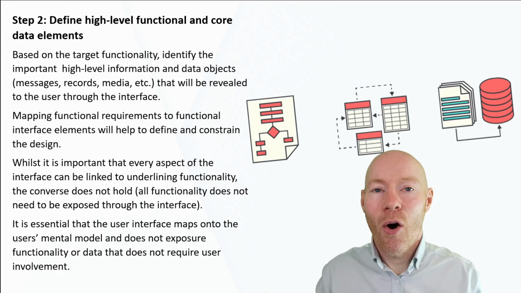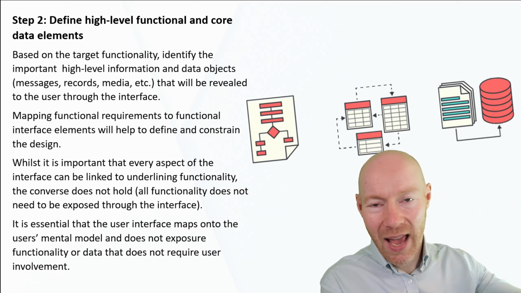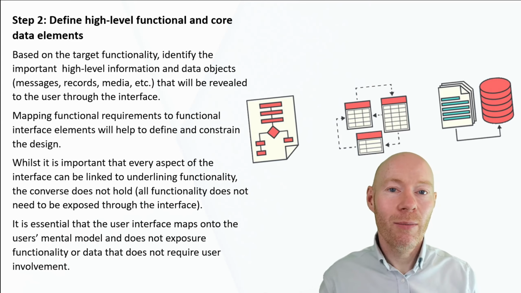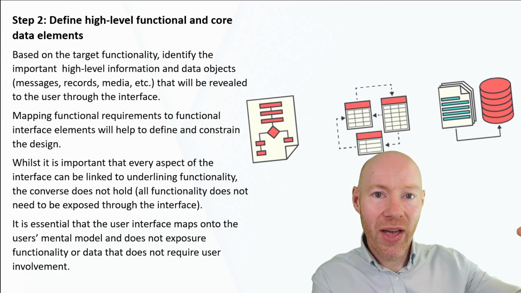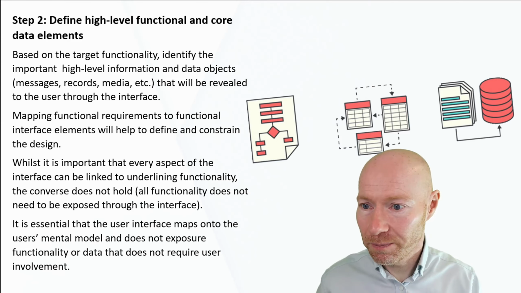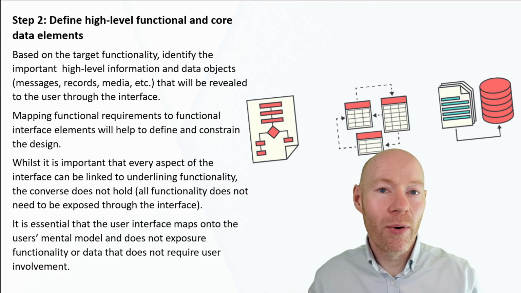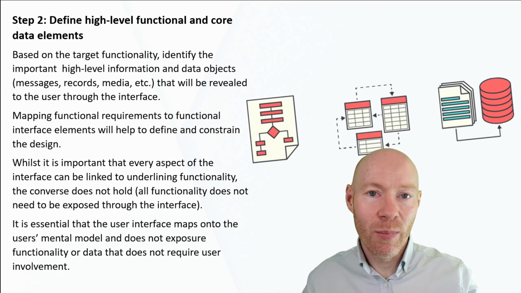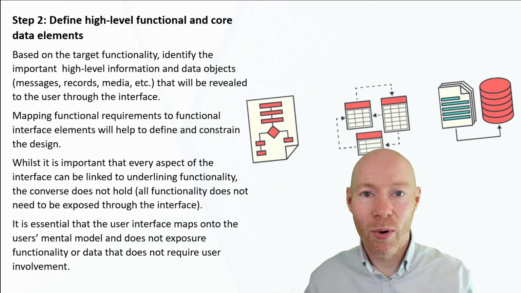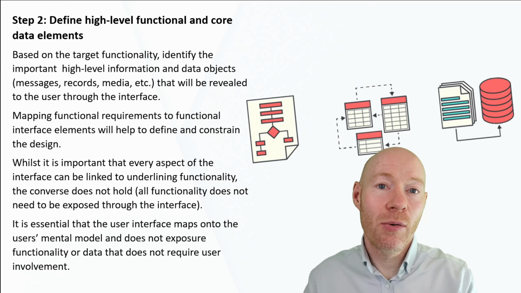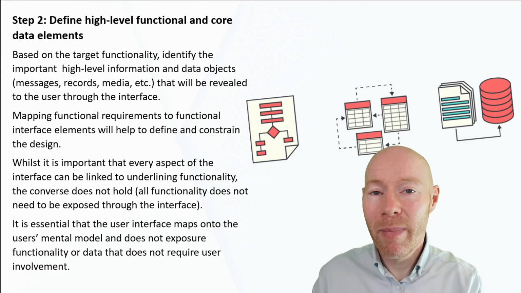Now, obviously we have an implementation model behind this, and if the user expects there to be, for example, a document, we're going to have the concept or notion of that inside our implementation model. And similar things apply to what we talked about before: we don't have to expose everything in the implementation model to the user. We shouldn't. We should only expose the things that are relevant, that map onto the user's mental model.